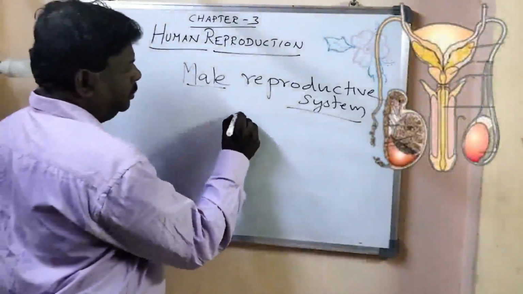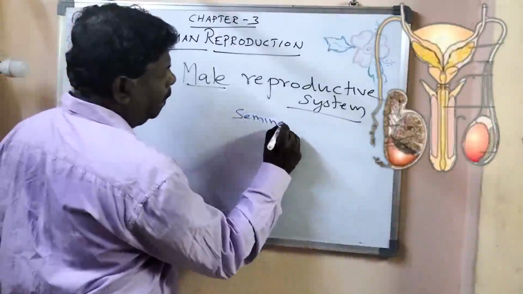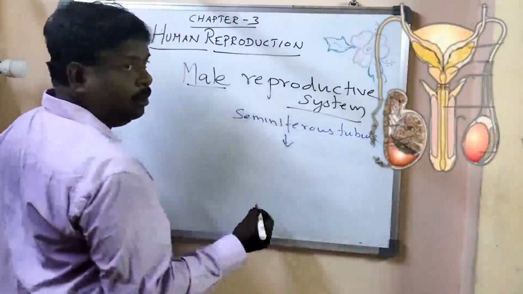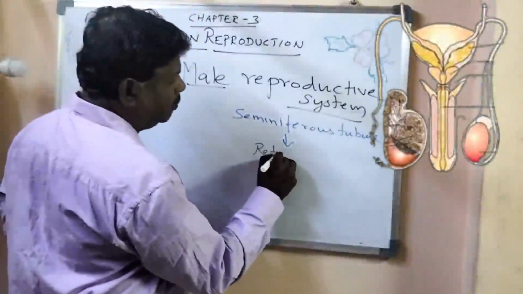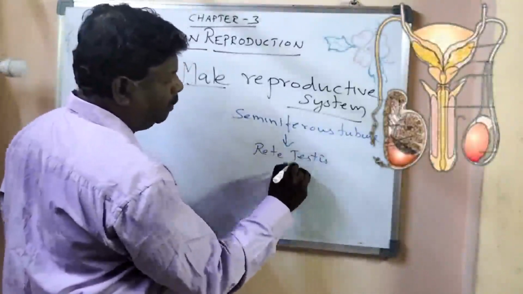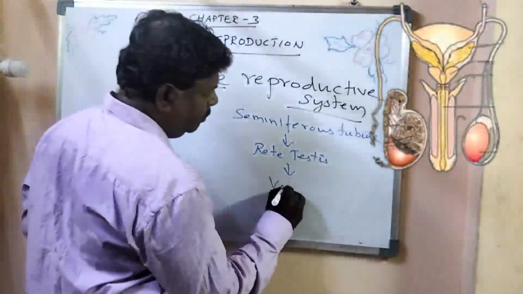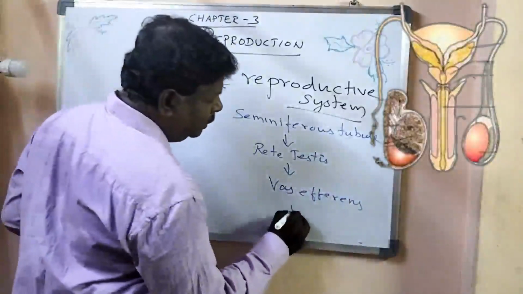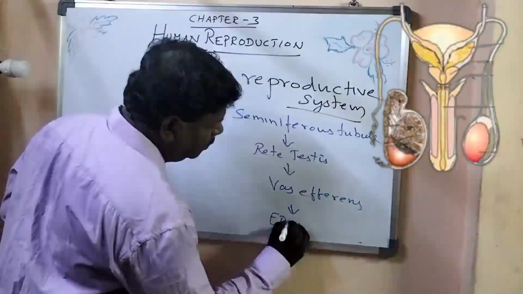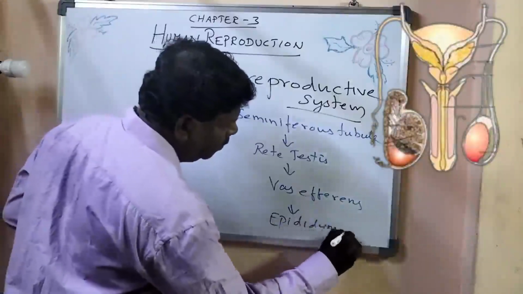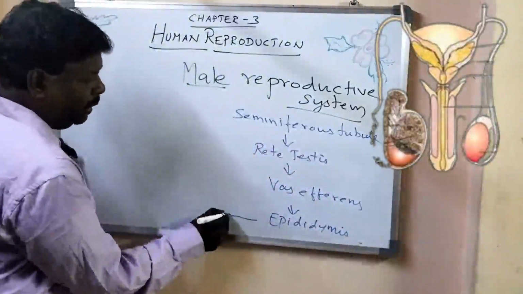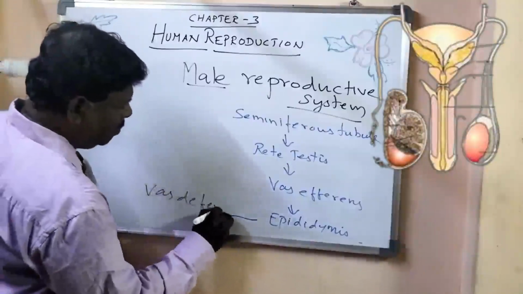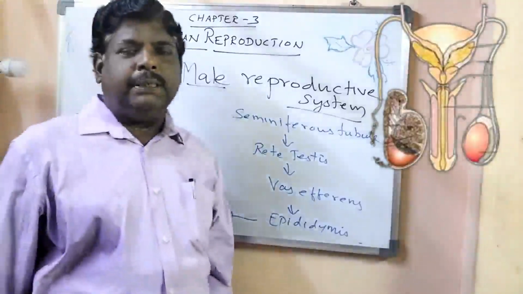The seminiferous tubule passes through the rete testis, which ends up in the vas efferens, and that enters the epididymis, and from there. So these are the ducts present in the testis.